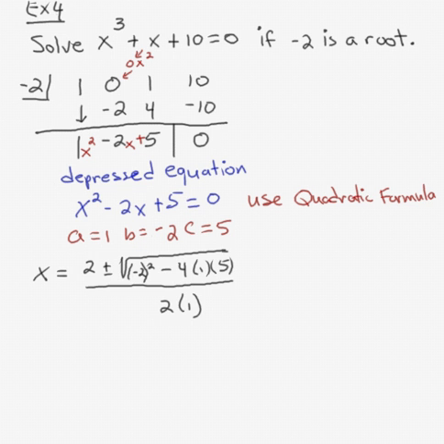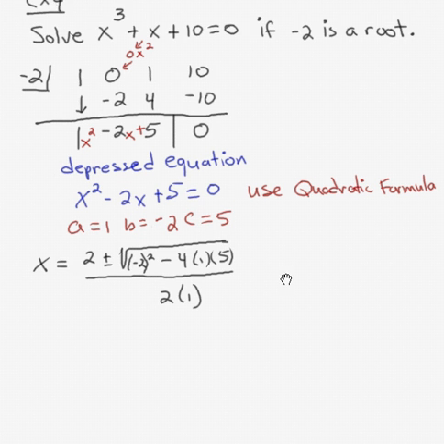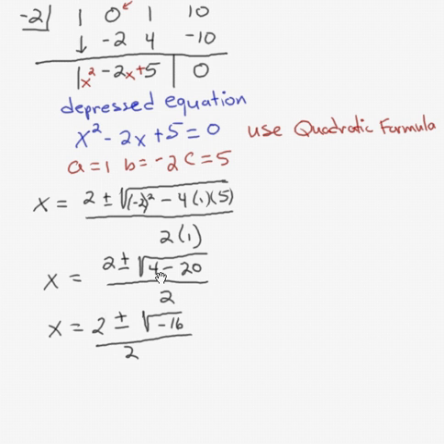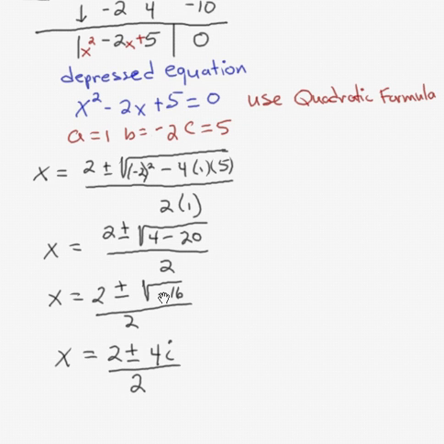And we've done the quadratic formula so many times now, let's just substitute the numbers in. Simplify, so that's 4 minus 20 over square root of that, and all of that is over 2. 4 minus 20 is negative 16. Yes, remember previous chapter on imaginary numbers. Square root of negative 1 is i. Square root of 16 is 4.